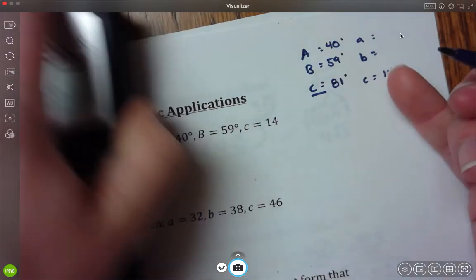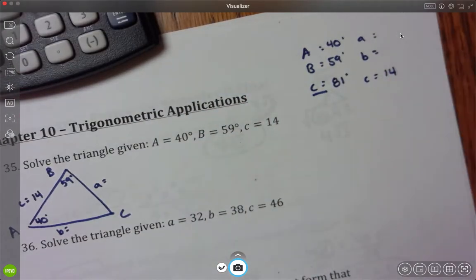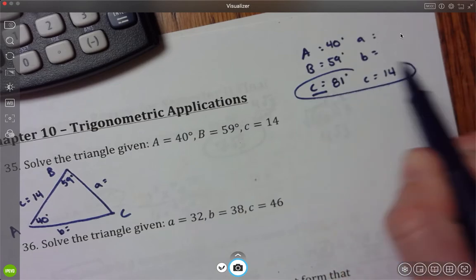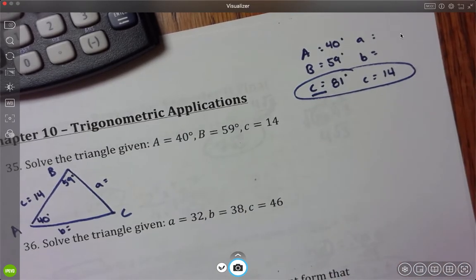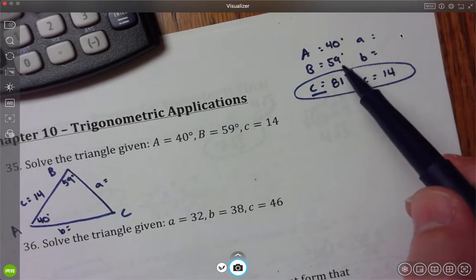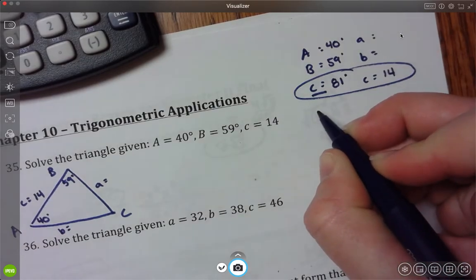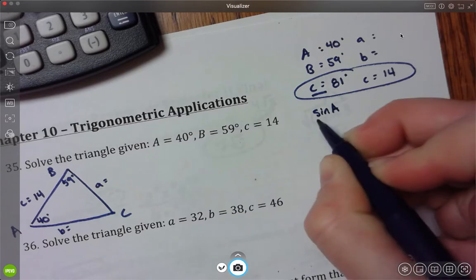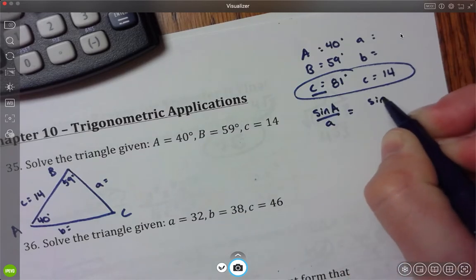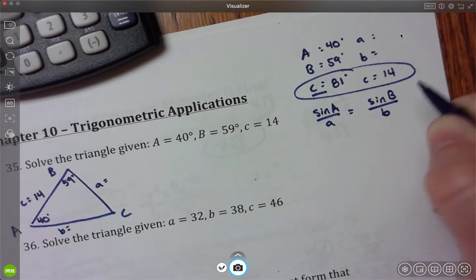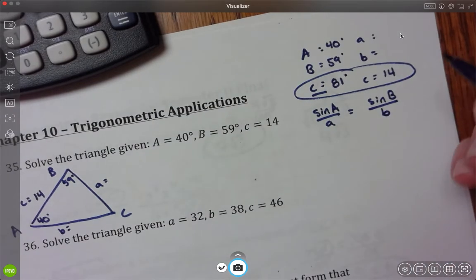Okay, now at this point I have a pair right here, a grouping of the C's. And so that means that I can use the law of sines, which says sine A over A equals sine B over B. I think maybe that was the way they wrote it in our notes. Otherwise it's A over sine A, B over sine B. It doesn't really matter which order you put them in.